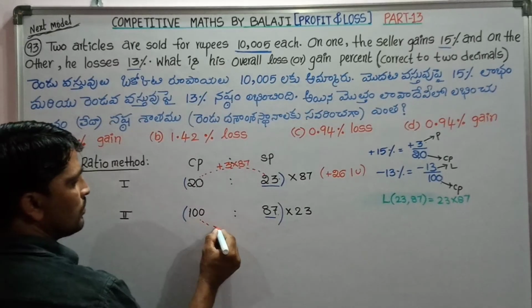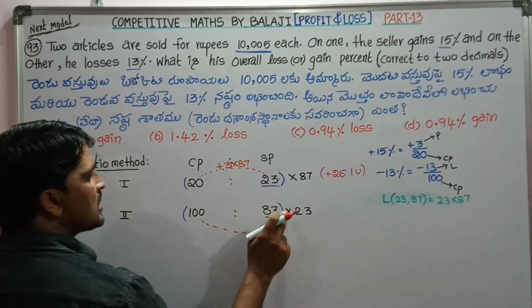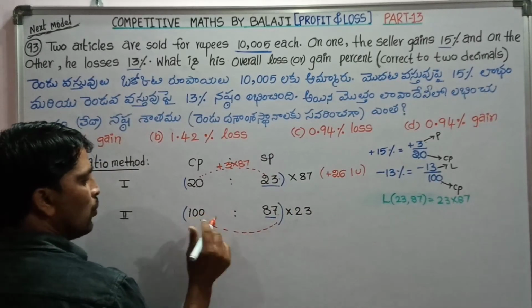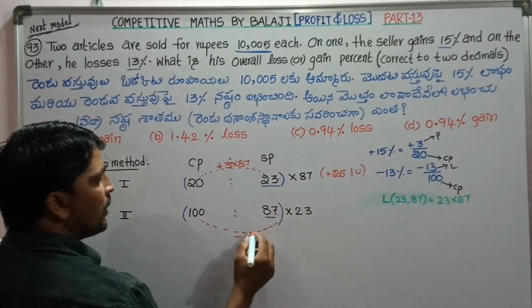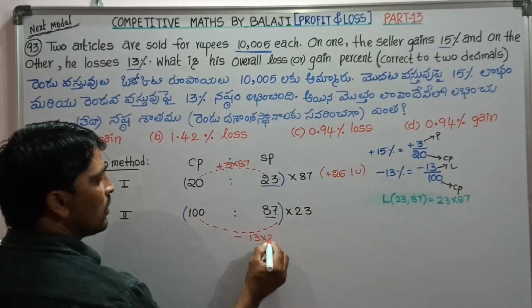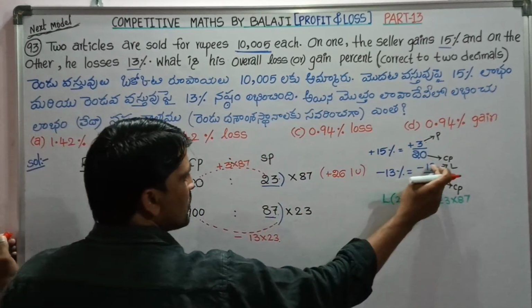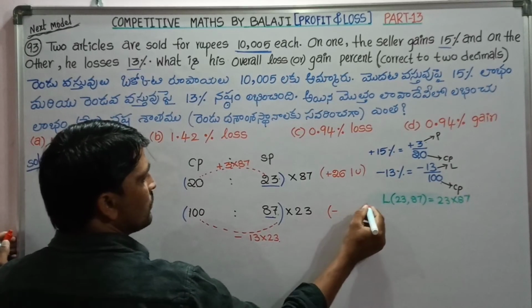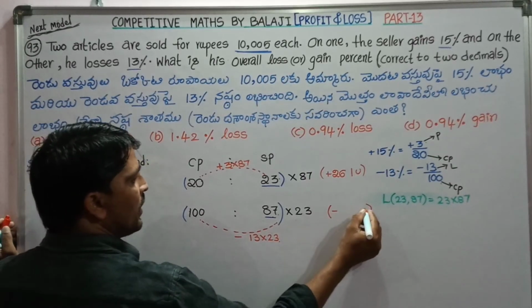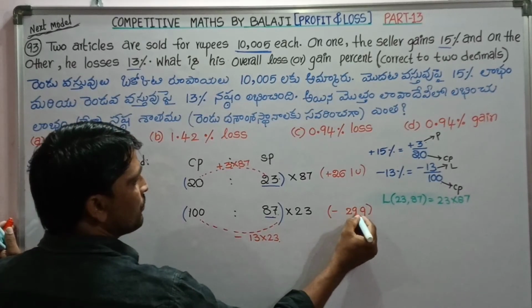See here loss. 100 cost price, 87 into 23 selling price. So loss is 100 minus 87, that is 13 times of 23. Here profit is 3 times of 87, loss is 13 times of 23. That is, loss is 13 threes are 39, 13 twos are 26 plus 3, 299.